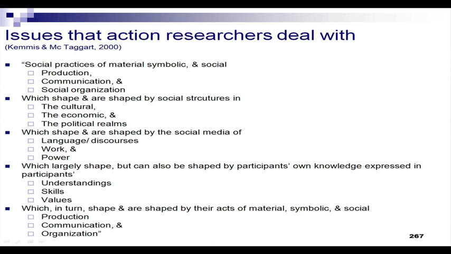Issues that action researchers deal with, I'm sorry for the small font, but it's very important to put all of this on the same page. So I've done that here.